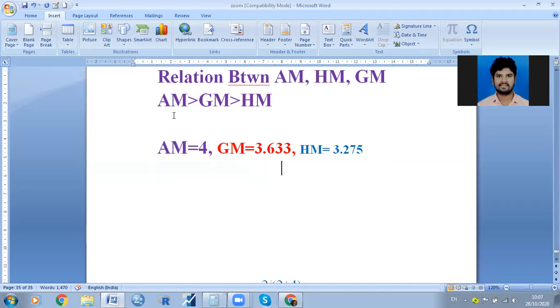So the arithmetic mean is greater than the geometric mean, which is greater than the harmonic mean. We can also write 4 is greater than 3.63, which is greater than 3.27.